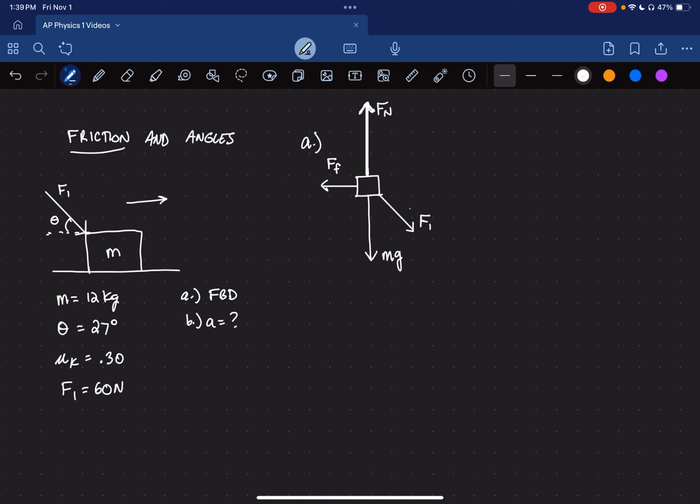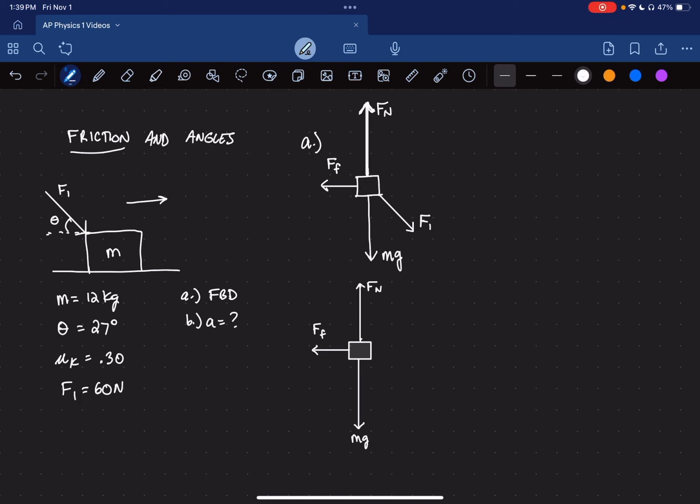Now, of course, getting started here, we need to take F1 and make components with F1. So we're going to draw this again. Here is mg, Ff, Fn.